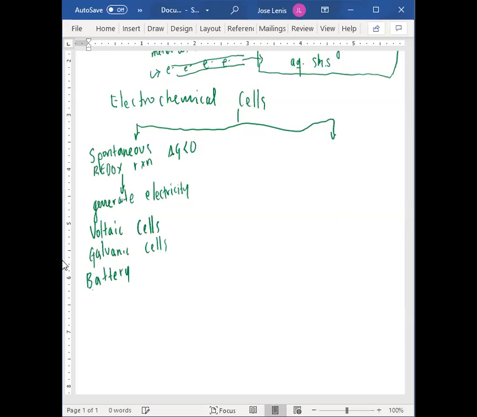What is a battery? A battery is a device that uses spontaneous redox reactions to generate electricity. On the other side, we have another type of cells.